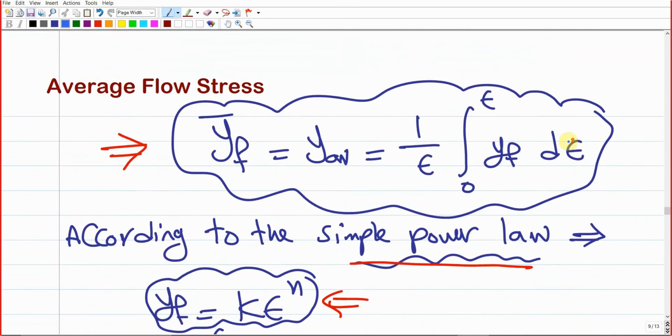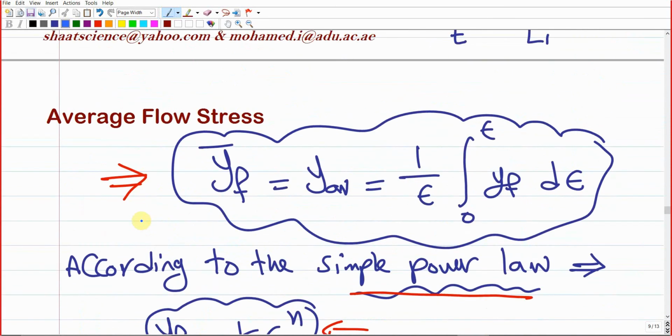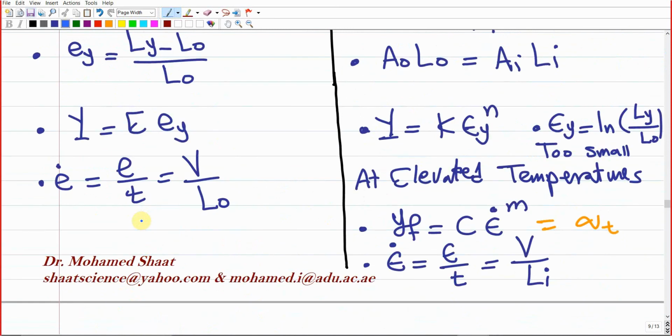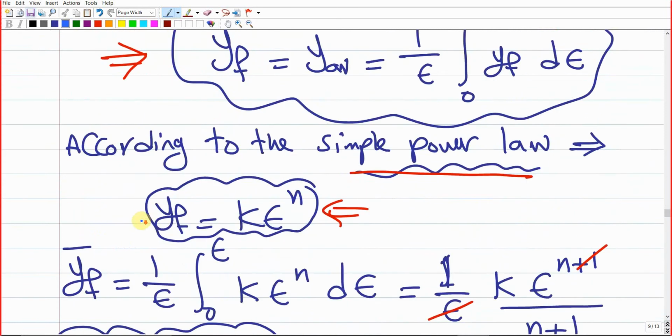As I mentioned, why are we introducing this average flow stress? Because we need it in some operations to accurately describe their mechanics. Mechanics means how the material in this manufacturing process is going to change in the plastic zone. We have to use the average flow stress for some operations. For other operations, we use the flow stress. So that's why it is important to know how to calculate these two terms for different materials.